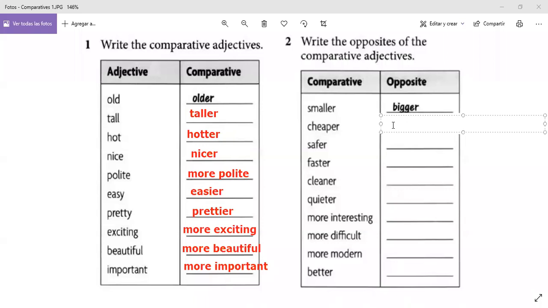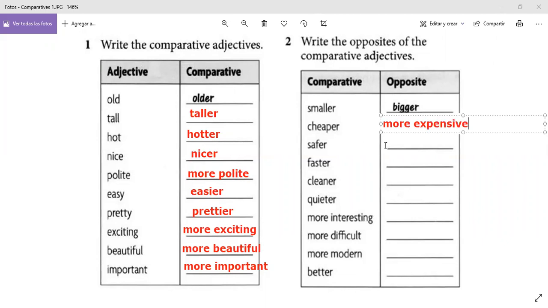I don't know, teacher. Edwin, what is the comparative of expensive? I don't know, teacher. Marjorie, what is the comparative of expensive? More expensive. Cheaper, more expensive. That is the opposite.